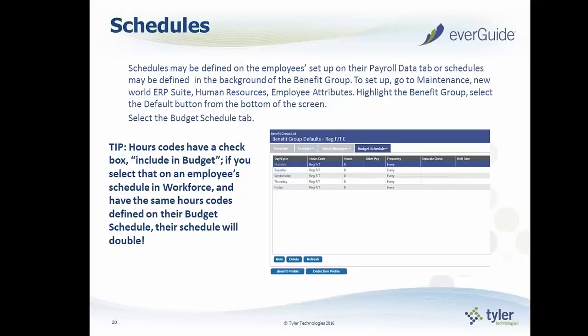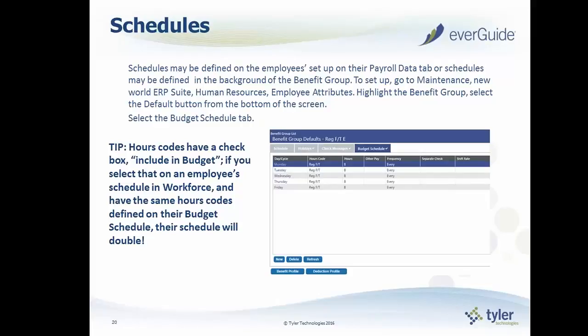You select the default button and you'll see the screen that I have right here. This is where the budget schedule is a tab, and you can add any hours codes, the amount, how often right here. And this is really great for people that are in a salary type of grade instead of an hourly. It's very helpful. It will pull position budgeting schedule from here.